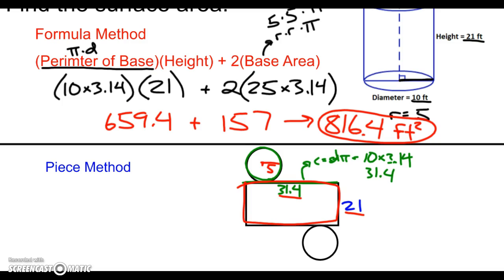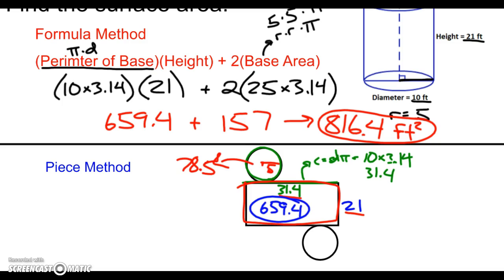So let's figure out what that is. Right off the bat, 659.4. Okay, so that's part of our answer, but we have to add on 2 circles, which won't be too bad because they're the same. So radius squared times pi, or 5 times 5 times 3.14, is 78.5.